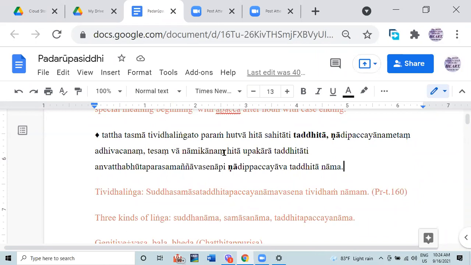Padarūpasiddhi lists those names used in other Sanskrit books also. If you check Sandi Padarūpasiddhi, you will see this. So there, Prasamanya is not other names. The names in other.